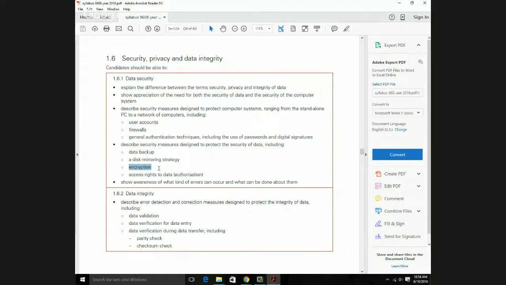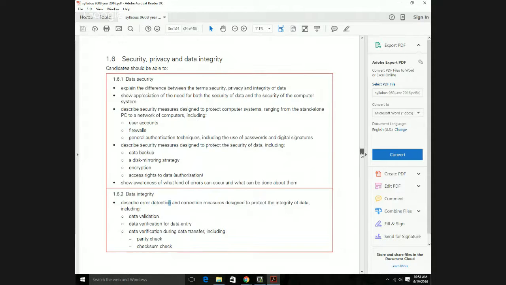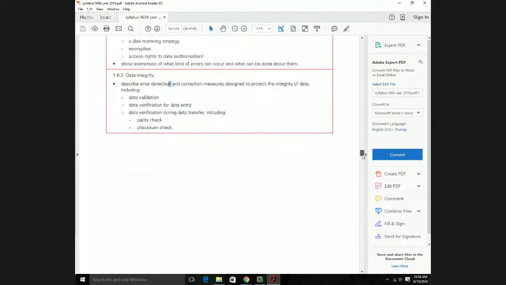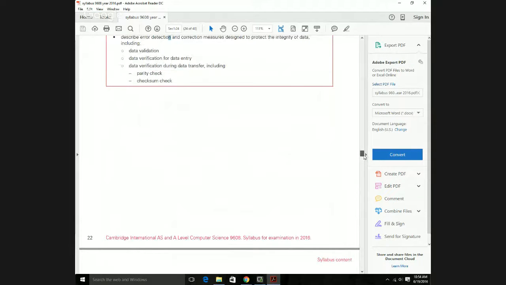Sorry, not the primary key, that is in the database, the private key. So that will be covered, and then we have data integrity, the validation and verification, the parity check and checksums, all these things will be covered here.